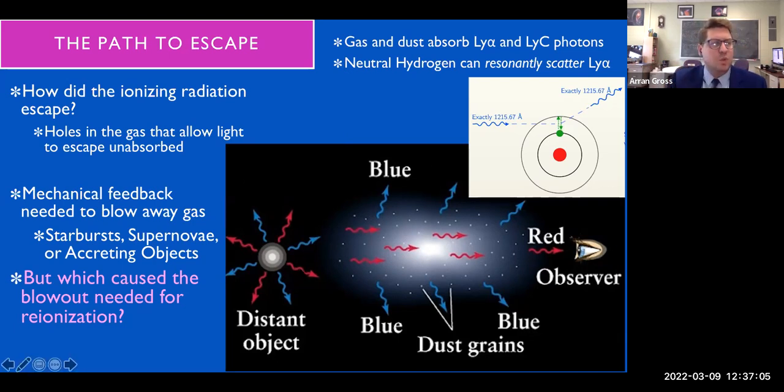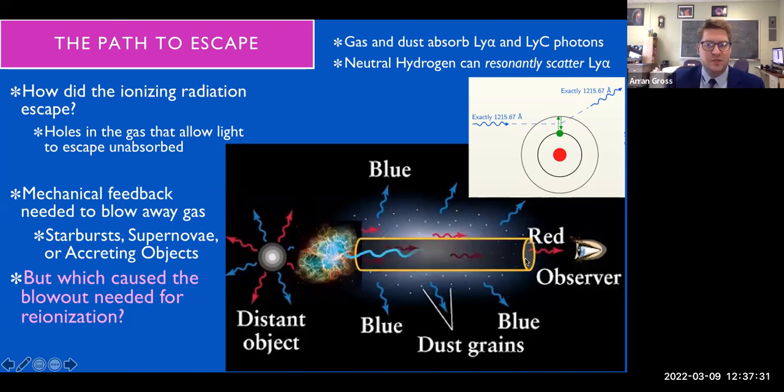So our big question is, what type of feedback do you need to punch holes in a galaxy and allow channels of escape for ultraviolet photons, so that you can then have reionization in the early universe? Just as a quick little sketch, we've got our accreting object, maybe it's supernova feedback, like the Crab Nebula, that excavates a hole through the intervening medium, and all of a sudden, UV photons are able to escape at some appreciable escape fraction.